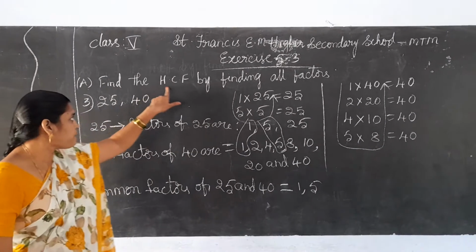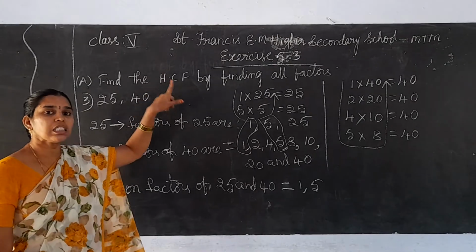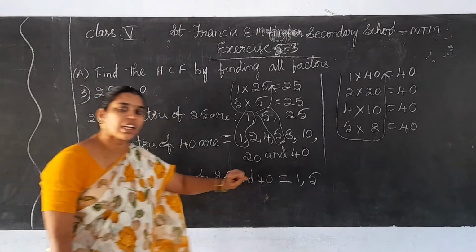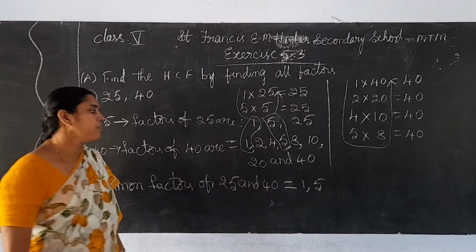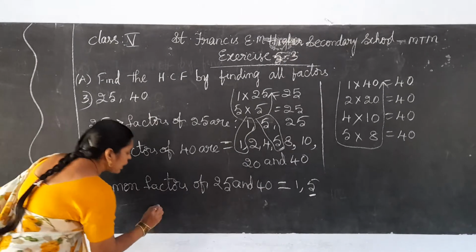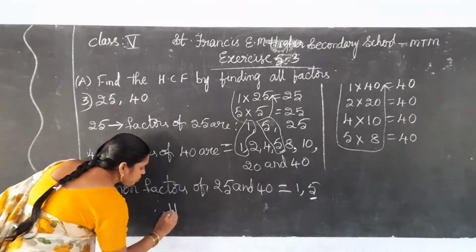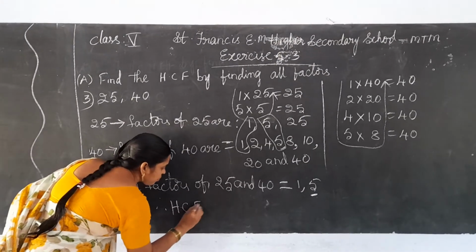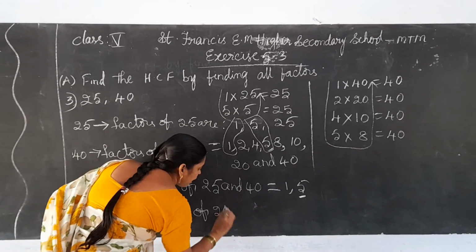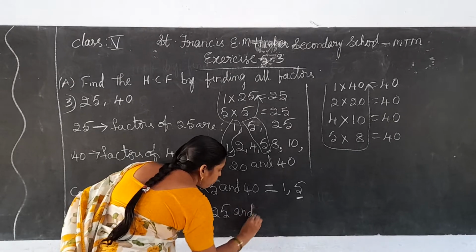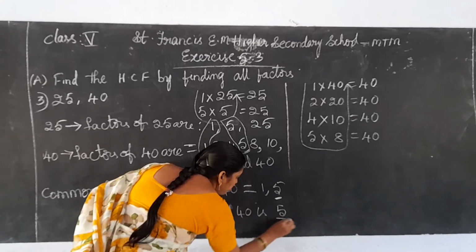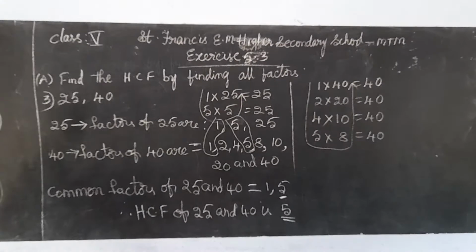Now, HCF means what? Highest common factor. Which is the highest common factor here? 5 is the highest common factor. Therefore, the HCF of 25 and 40 is 5. Is it clear, children?